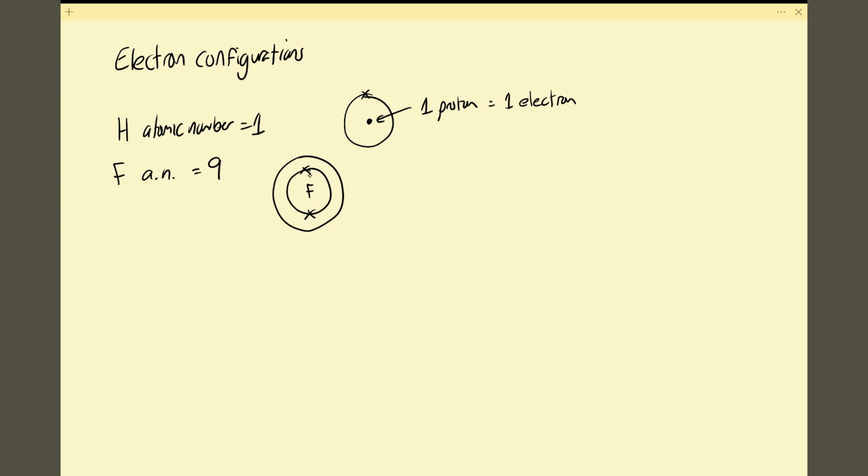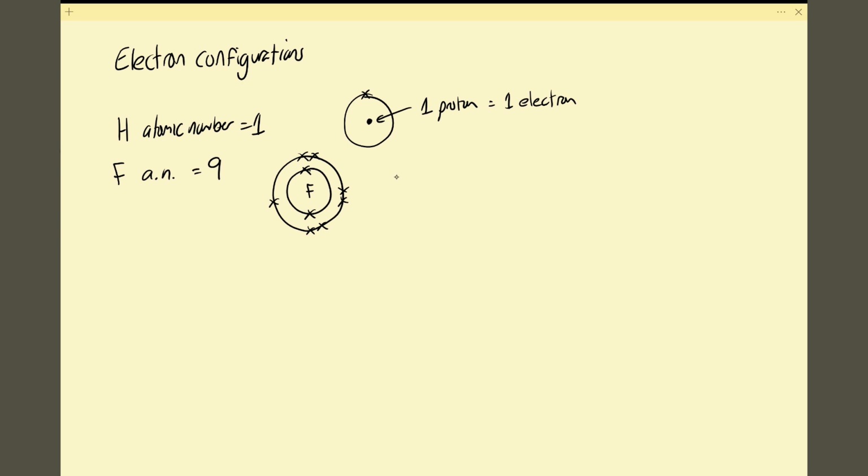I've already got 2 here, so I need 7 more. So I go 1, 2, 3, 4, 5, 6, 7. I'm filling them up by putting in 4 spots and then pairing them up, but either way, that gives us our 9. So this here is our drawn electron configuration for fluorine.